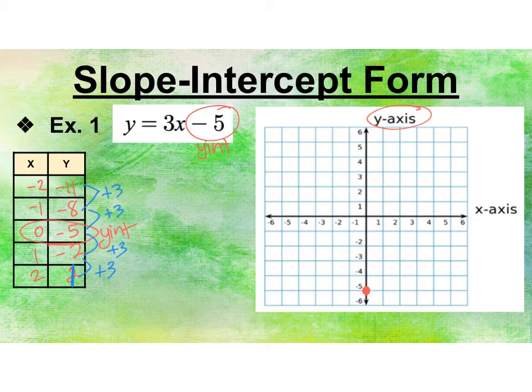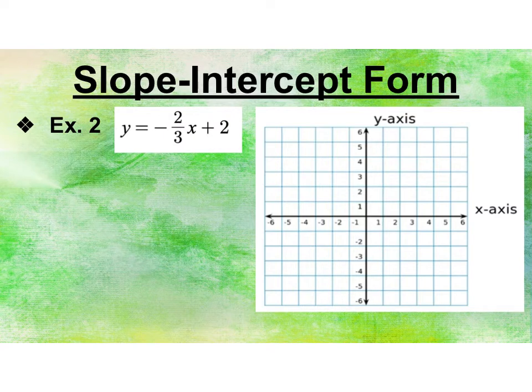I'm going to go up 3 over 1, up 3 over 1. And that's enough points to graph your line. I'm going to draw it as a straight line. Remember to add your arrowheads to show that it goes on forever in both directions. And that's graphed the equation y equals 3x minus 5. Do a quick check. My slope is positive, so my line is rising, and that is correct.